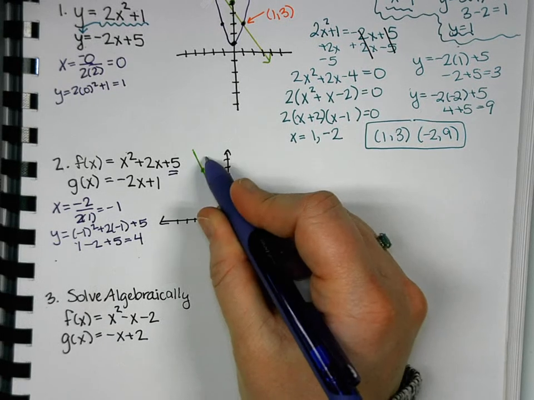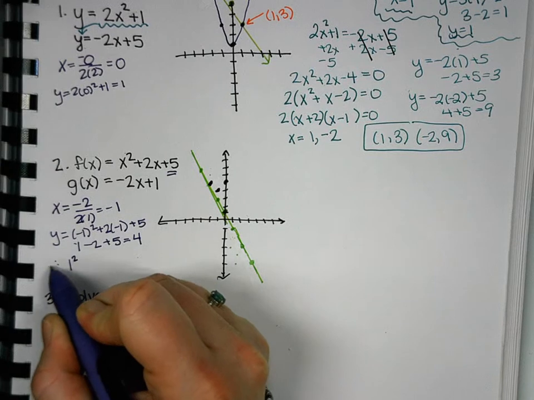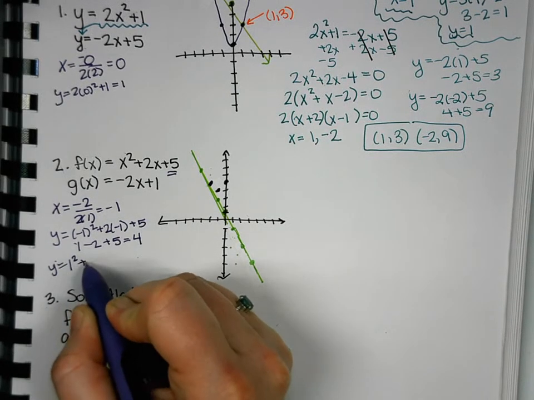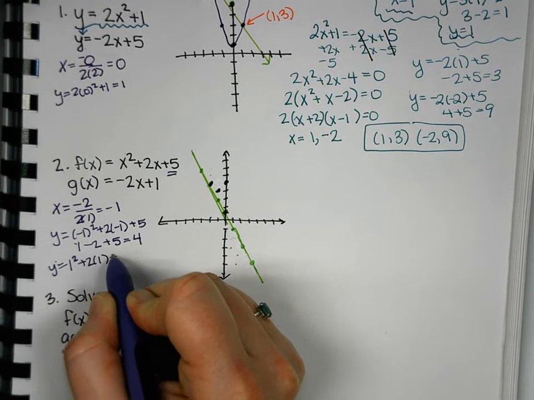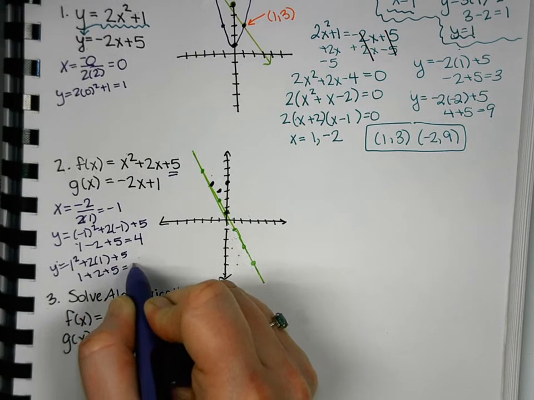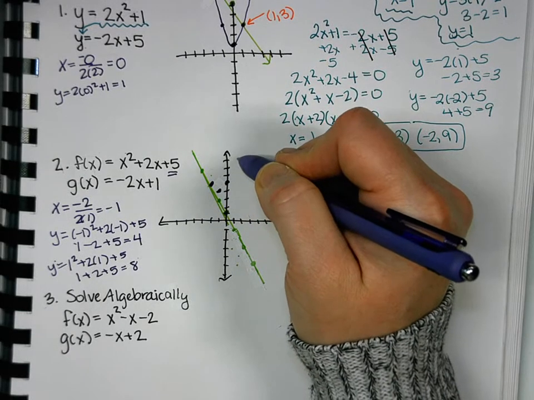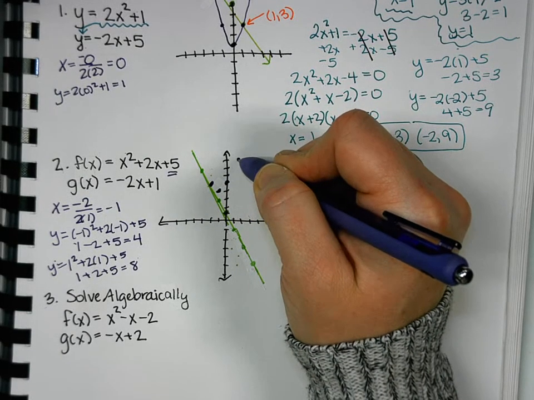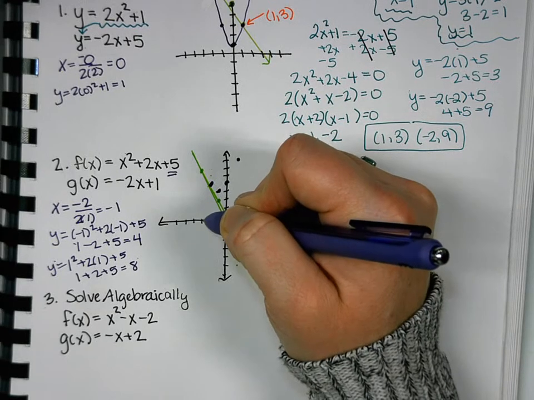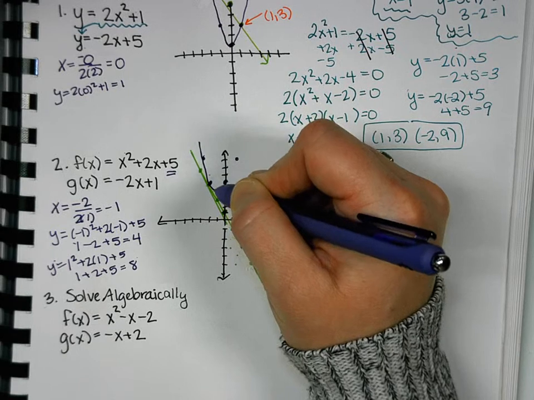So if I plug in 1 for x, 1 squared plus 2 times 1 plus 5, we get 1 plus 2 plus 5. So that's 8. So that means it would be... So does it look like these are going to touch again?